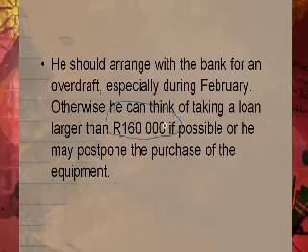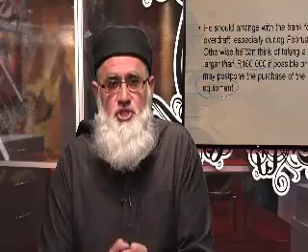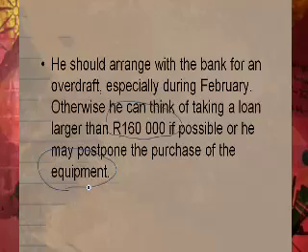Remember, February is the month where we have a great shortfall. She could also look at postponing the purchase of the equipment, maybe leaving it for later months. Obviously, we are using this information from our cash budget in order to make decisions, and that is the important criterion.